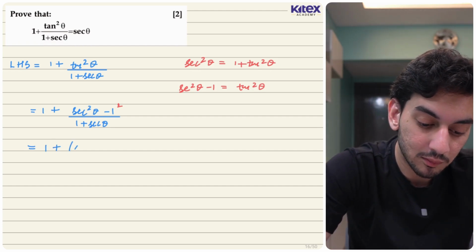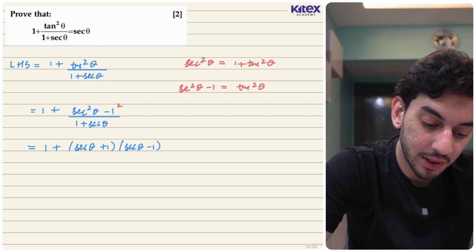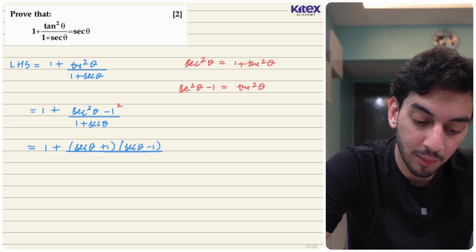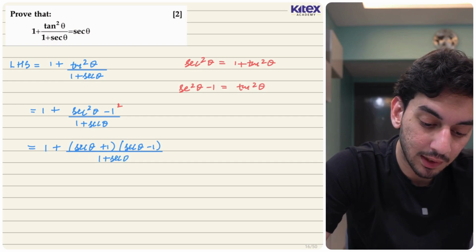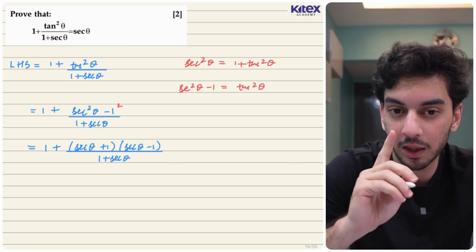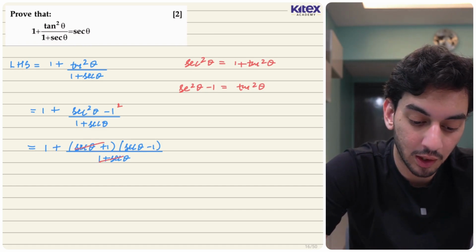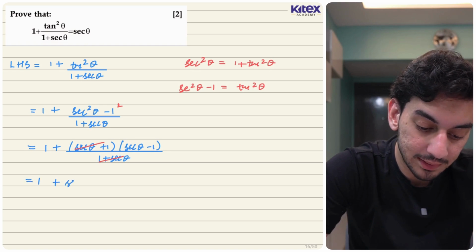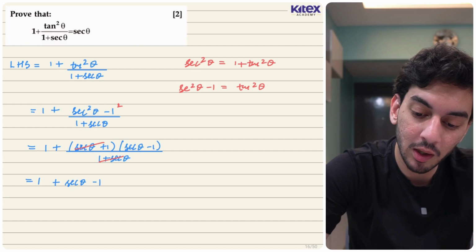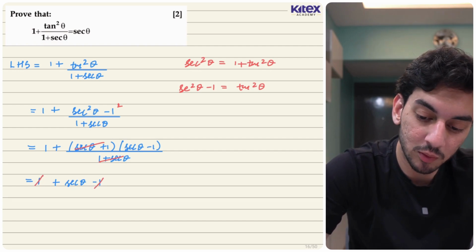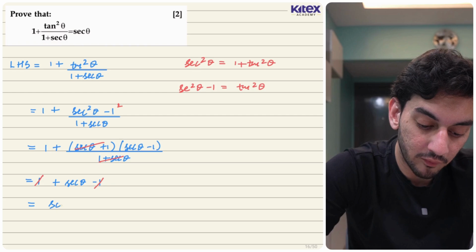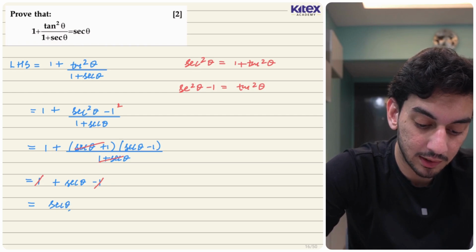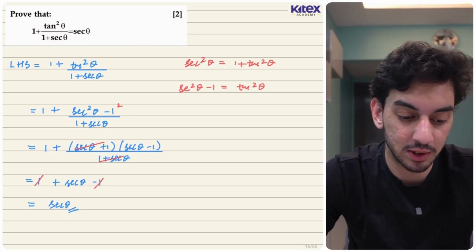So 1 plus sec theta times sec theta minus 1, all of that divided by 1 plus sec theta. We can get rid of 1 plus sec theta from the numerator and the denominator, and I am left with sec theta minus 1 plus 1. Get rid of the plus 1 and the minus 1, and you are left with sec theta, and that is what was required in the question.